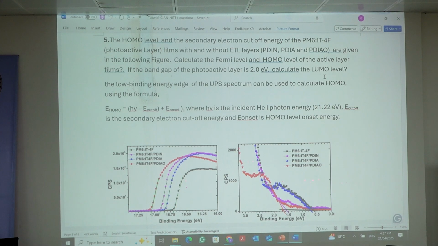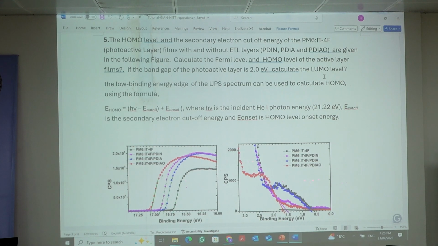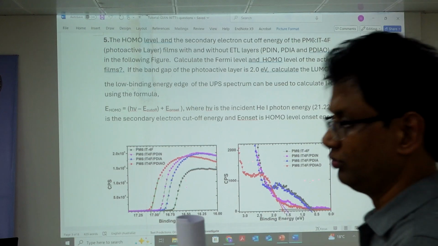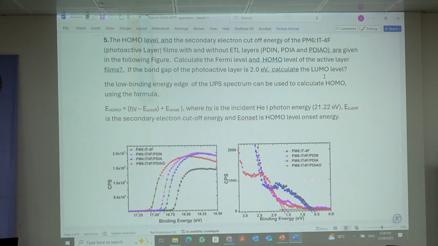Did you write down the formula which I gave in the previous slides? If you write down the formula, then you can easily find out. Because when you are taught this, you just remember the formula. When you really apply it, then you come to know how to calculate. You try that, this is a direct method. The cutoff is the secondary electron cutoff, I have already given it.